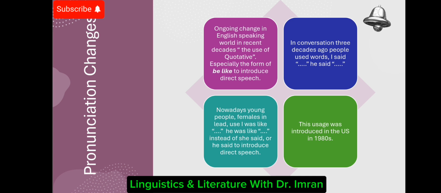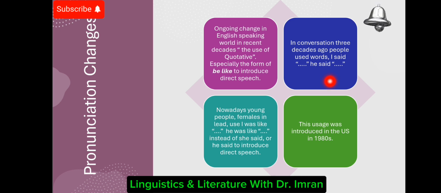They said, they were like, and then something in quote marks. For example, he was like, he was ill. In quote marks, you're writing he was ill. So instead of he said, she said, he says, they say, they said, Americans started to use he is like, he was like, they were like. So that was a change in structure.